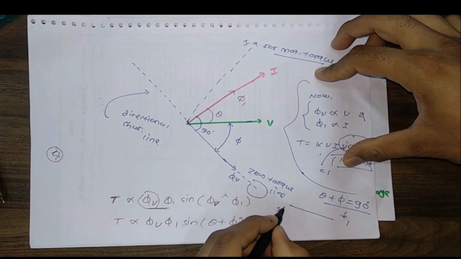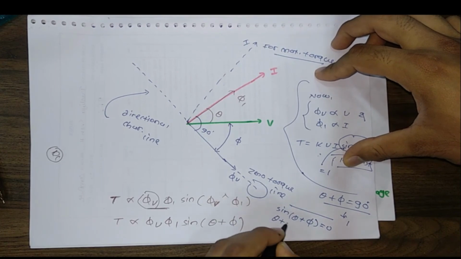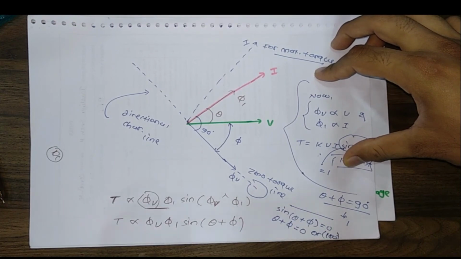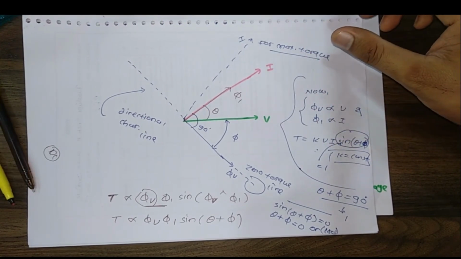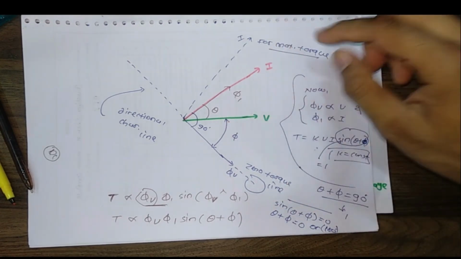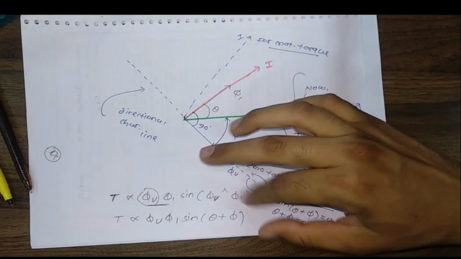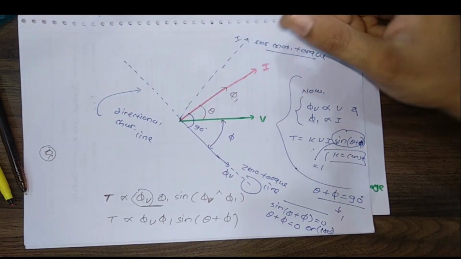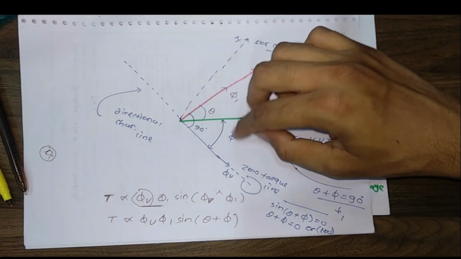The condition for the maximum torque is here in the dotted line, and the torque is 0 when sine of theta plus phi is equal to 0, which means theta plus phi is equal to 0 or 180 degrees. This is satisfied when the relay current phasor lies along phi V, or in antiphase with phi V. The corresponding line is called the zero torque line, shown in this figure.